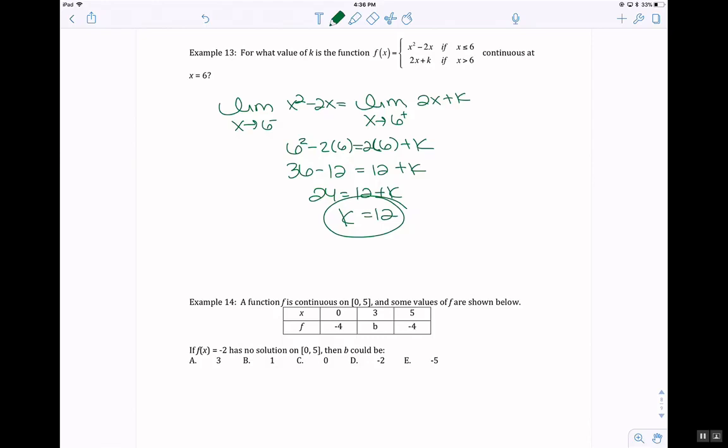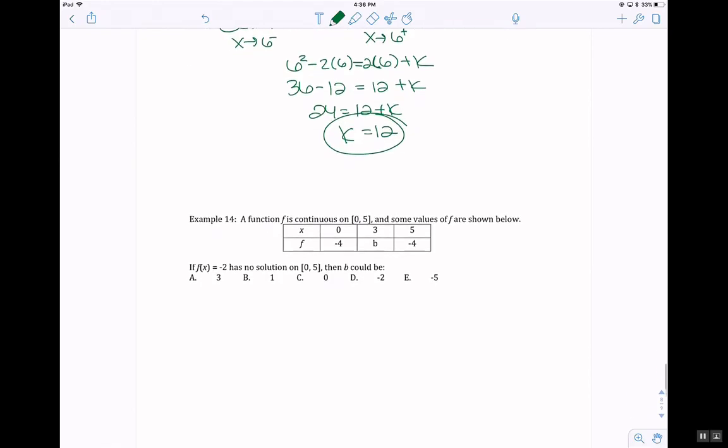And then the last example. Here's my function here, and what value could b be where f of x equals negative 2 has no solution. So let's just graph this for a second. That's the easiest thing. This requires no calculus whatsoever.